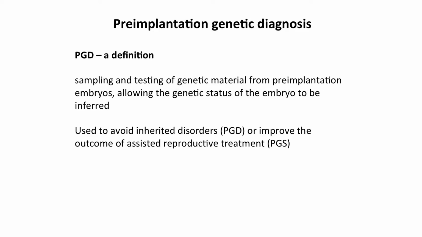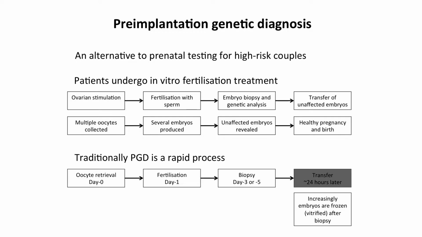And this is used not as a screening method, but for families who already know they're at very high risk of transmitting a particular disorder. So it's very specified. We're looking at one particular thing. So really, when we're talking about PGD, we're talking about inherited conditions rather than PGS, when we're talking about looking at genetics again, but in order to improve IVF success rates by identifying the most viable embryos.